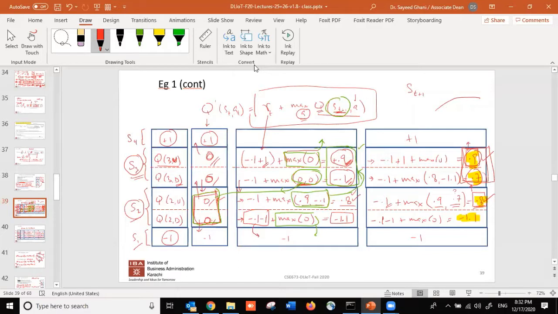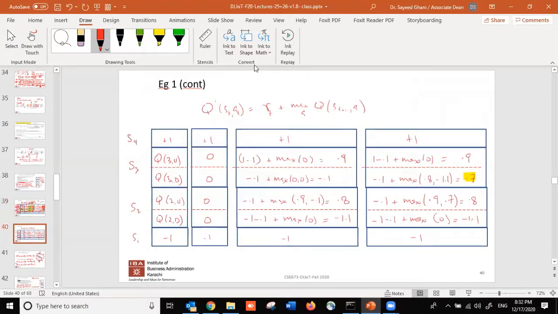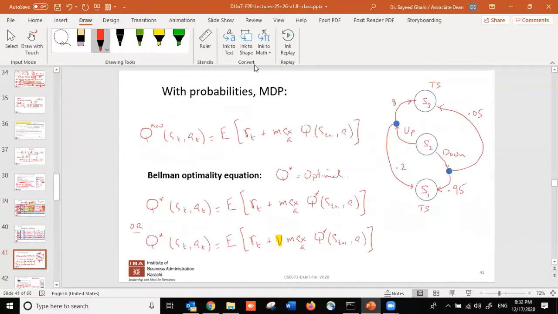Yes, sir. Okay, so this is the thing which I had already solved. Now, let's make it a little bit more complex. Let's include probabilities.